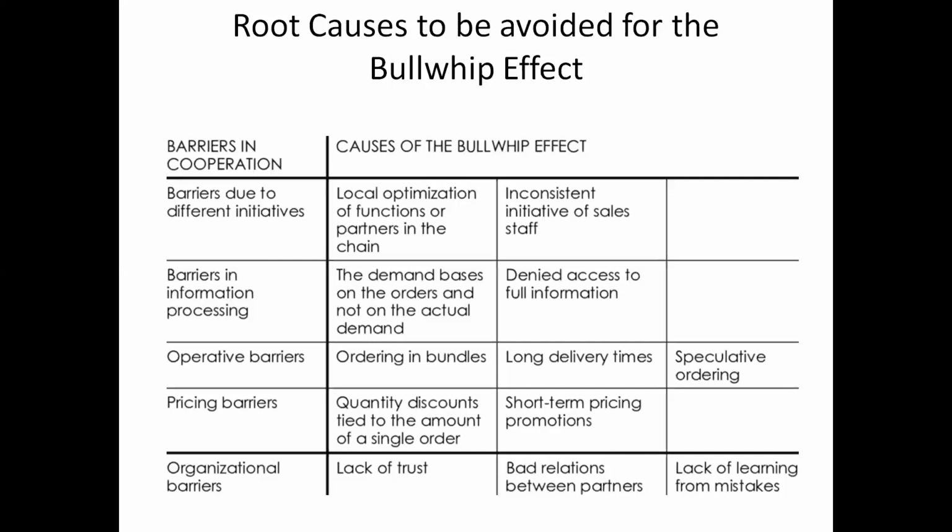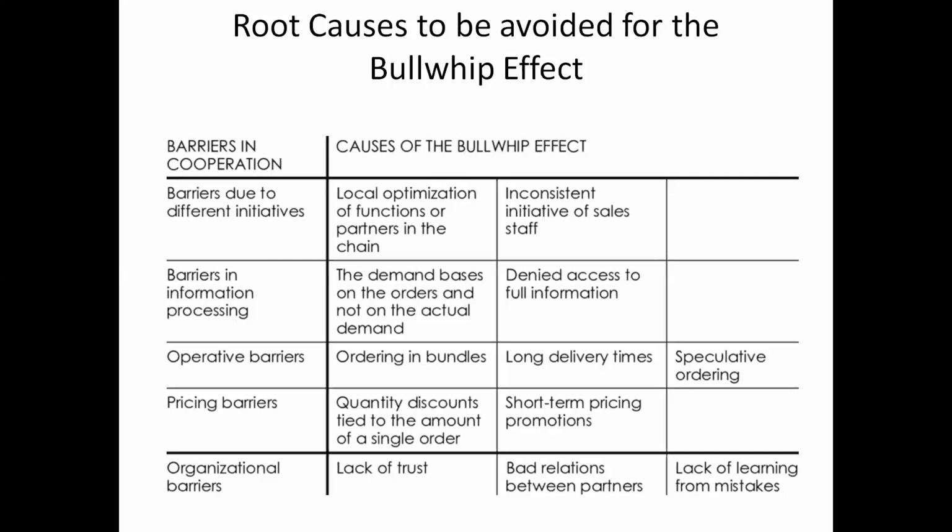So as a result, we make the error in terms of local optimization. So we either overreact when the demand goes up, or when the demand goes down, and by overreacting, we cut down the supply as well. So in both cases, we hit the bullwhip effect.